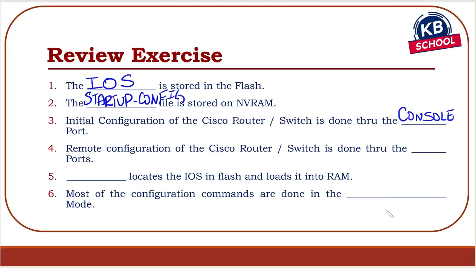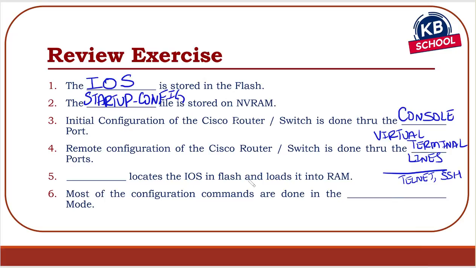Remote configuration of the Cisco router or switch is done through the virtual terminal lines. Using what protocols? I don't need you to answer that over here. But all I was looking for is virtual terminal line or VTY ports. The protocols that I'm using are Telnet or SSH.